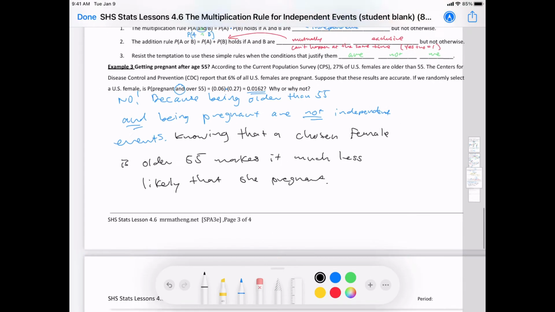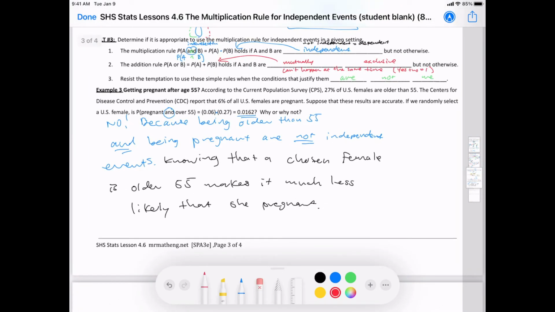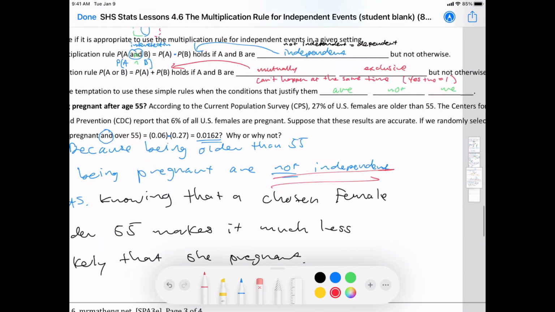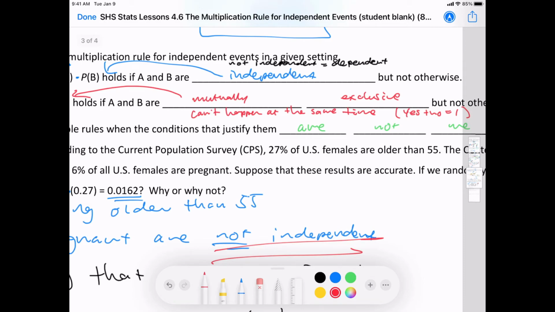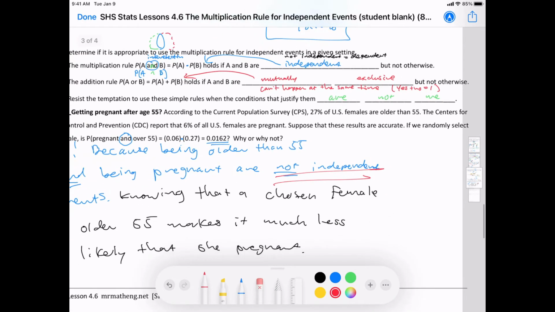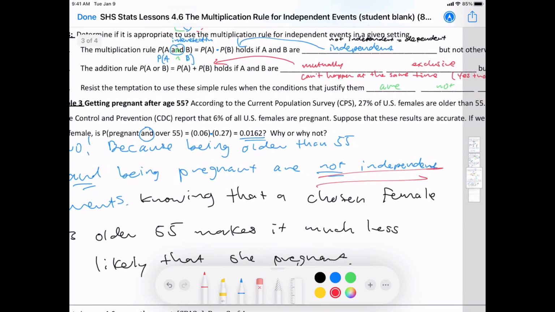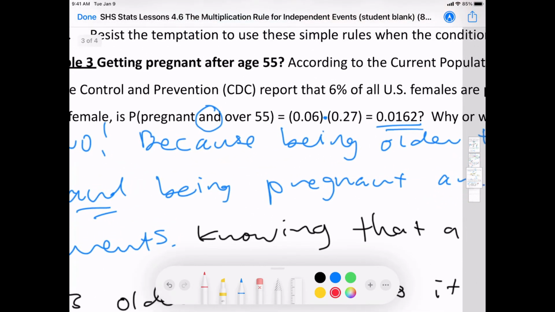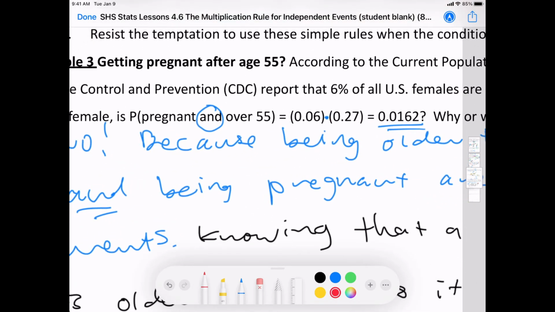Okay, what does this mean? The reason why I said that they are not independent is because independent means that they're not related, but they are dependent because they affect one another. They influence the other one, right? If your parents lose a job, that affects you.